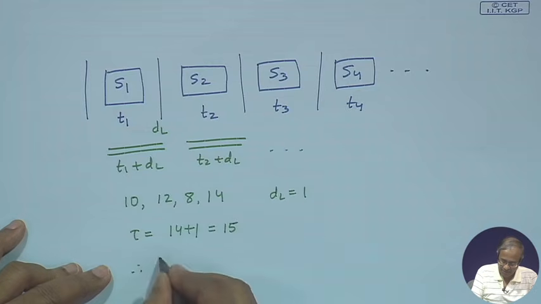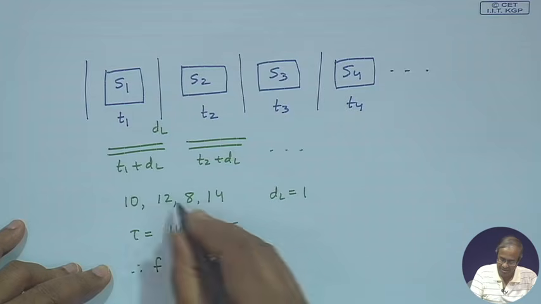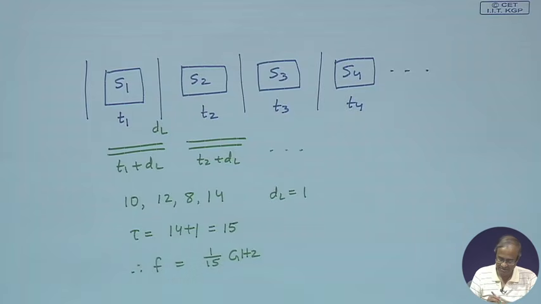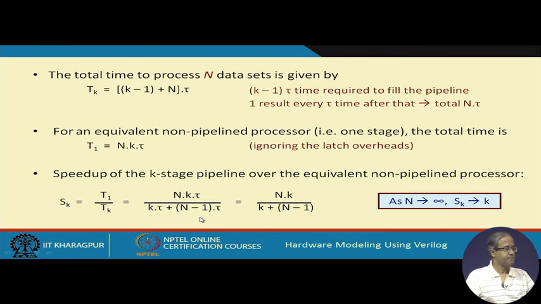So, my clock frequency can be 1 by 15, so many gigahertz, because these are in nanoseconds, right. Fine. So, let us move on. What will be the total time required to process n data sets?